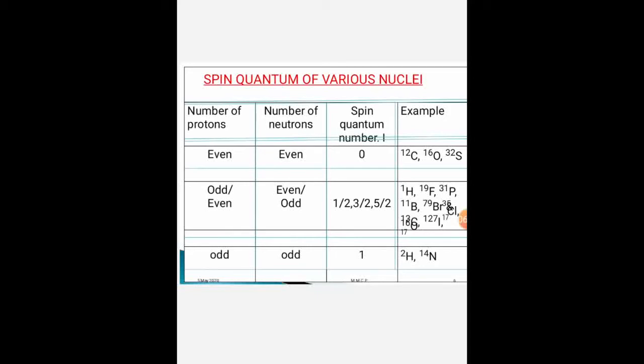While the C13 nucleus is NMR active because its spin quantum number is 1/2. The 1H proton has spin quantum number I equal to 1/2, so it is also NMR active. And we are discussing 1H NMR spectroscopy. From 1H NMR spectroscopy, we get an idea about the number of protons and types of protons present in our sample, in our organic compound.